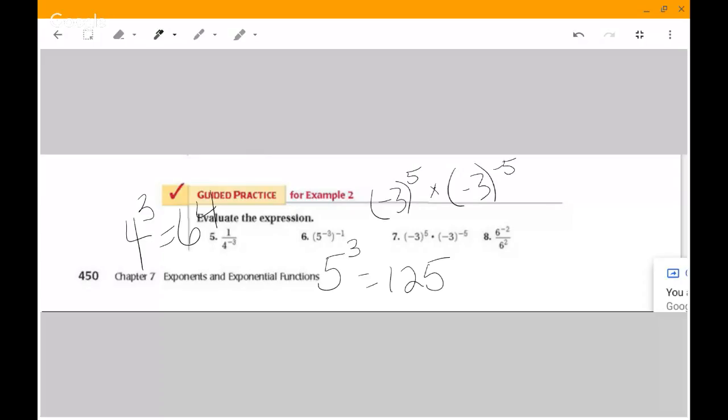So what's that going to give you when you have 5 plus a negative 5? What do you have? 0. You do. And so you have a 0. So now we have negative 3 raised to the 0 power. So what is the answer to that? 1. Yep. Very good.